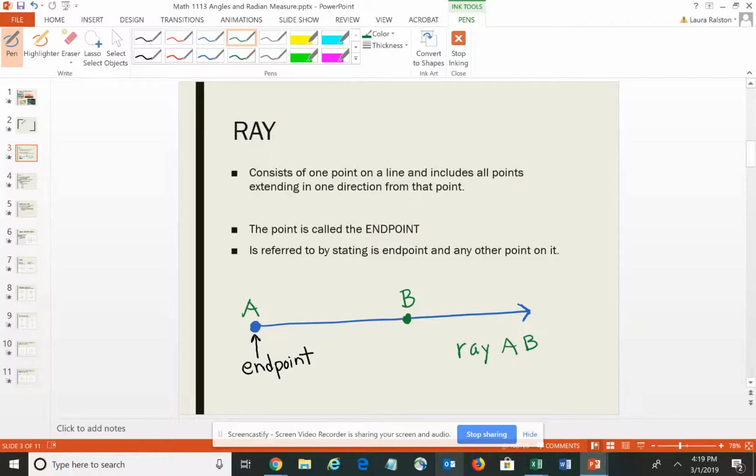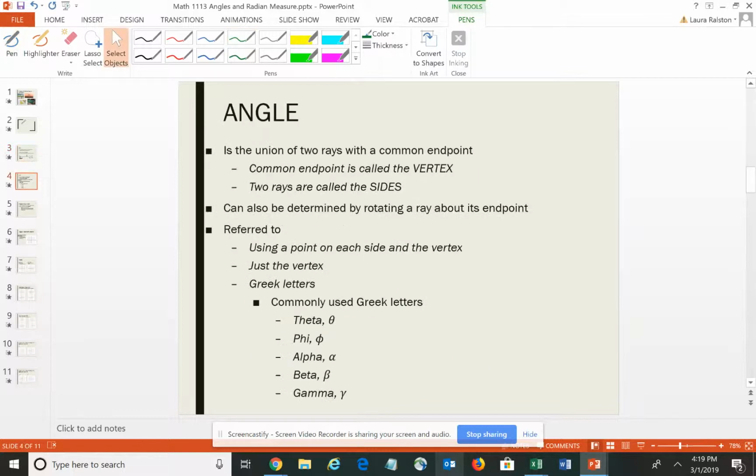Okay, if you put two rays together with a common endpoint, that's what we call an angle. Another way to define an angle is that we're rotating the ray about its endpoint. So, for example, if I have a ray with endpoint A, and then I have another ray with the same endpoint, but they go in different directions, okay?